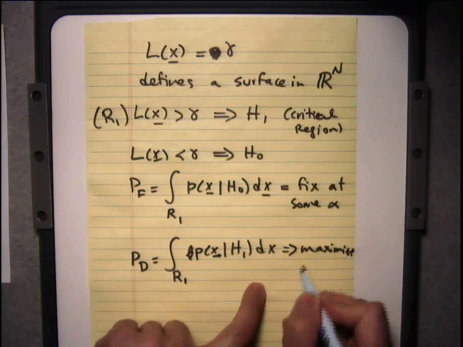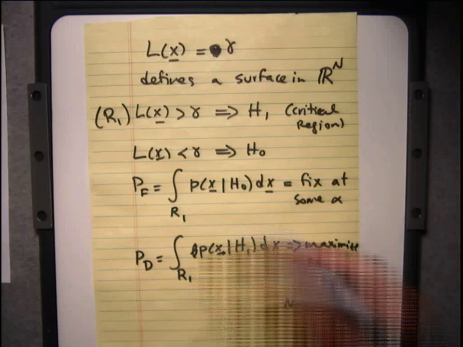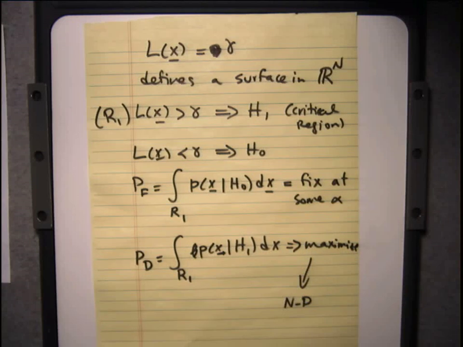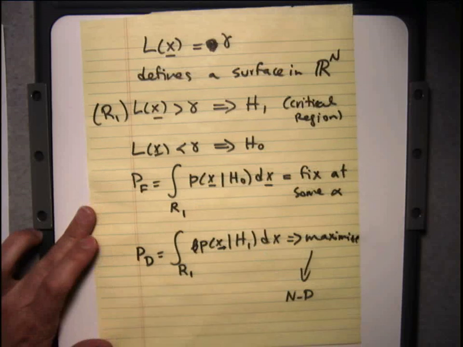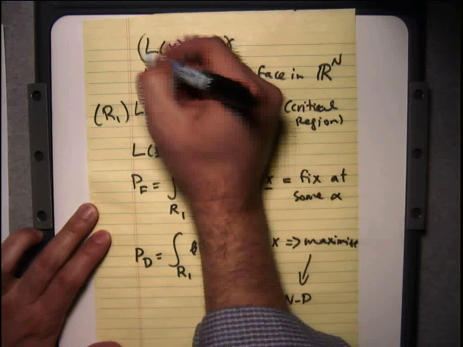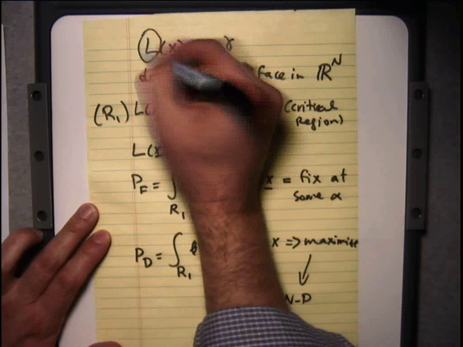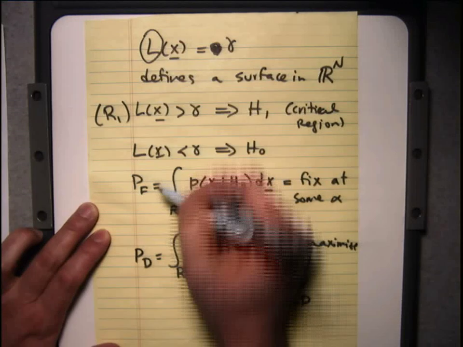And Neyman-Pearson tells you how to maximize this. So what you're doing is a kind of funny optimization. You're optimizing this region, implicitly, by picking this function. This function implies the region, and that region implies the false alarm and detection.